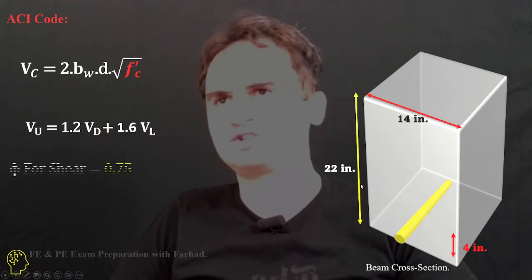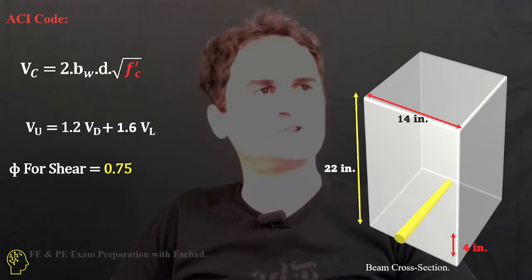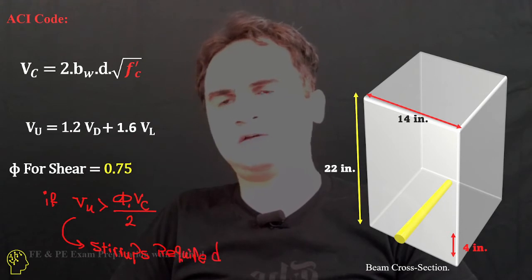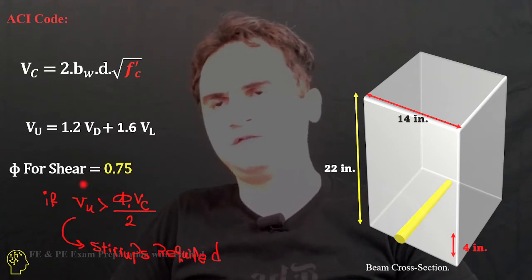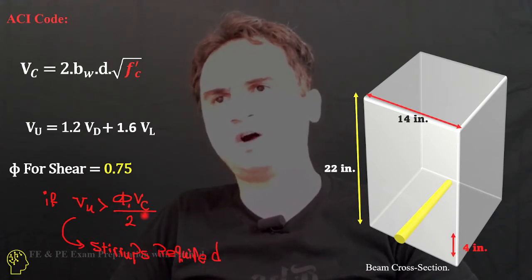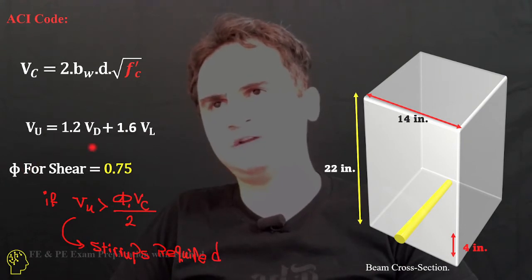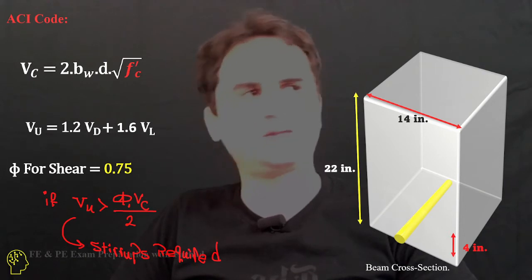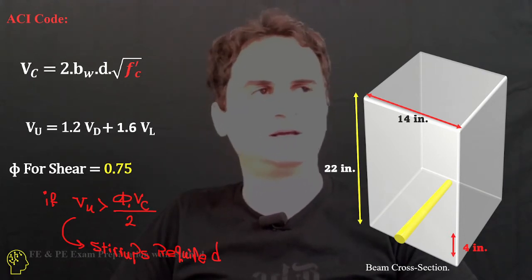The reduction factor for shear is 75%. If Vu is greater than half of phi times Vc, where phi is 75%, then the stirrups are required. If not, we do not need any stirrups.